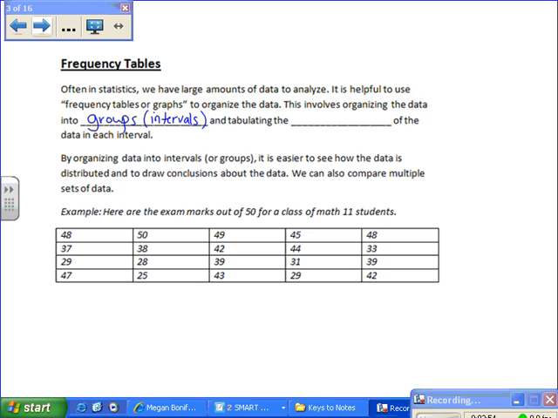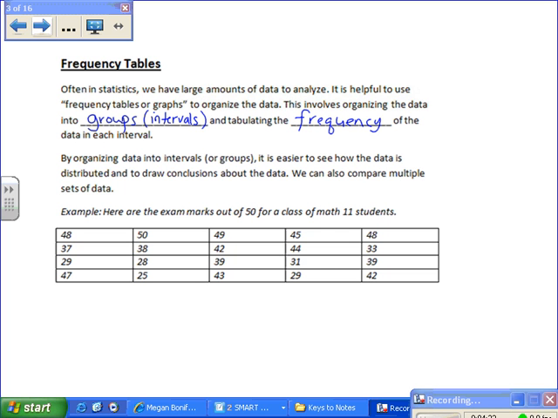And another group would be the next bunch of data values that are pretty close in terms of what their value is. So we organize the data into groups, and then we can tabulate, this means put them into a table, the frequency. So the number of times that we see data values for that group.